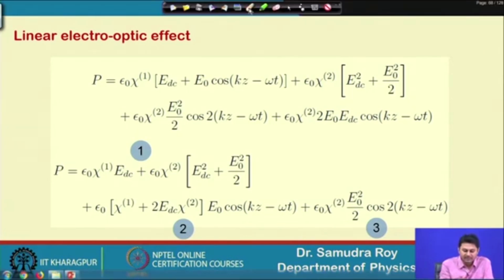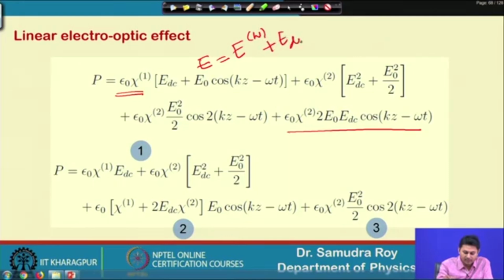This E_DC epsilon 0 term was there in the previous case, there is a coupling term, and this is now our total electric field E, because my electric field was E omega plus E_DC. So, I write E_DC plus E omega, meaning the total electric field, here.